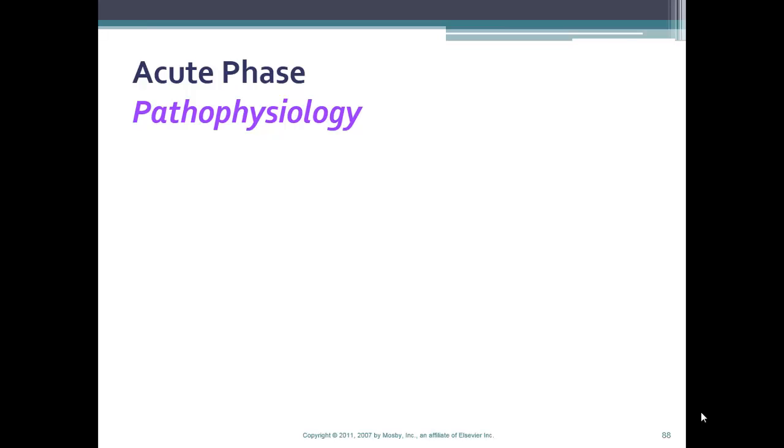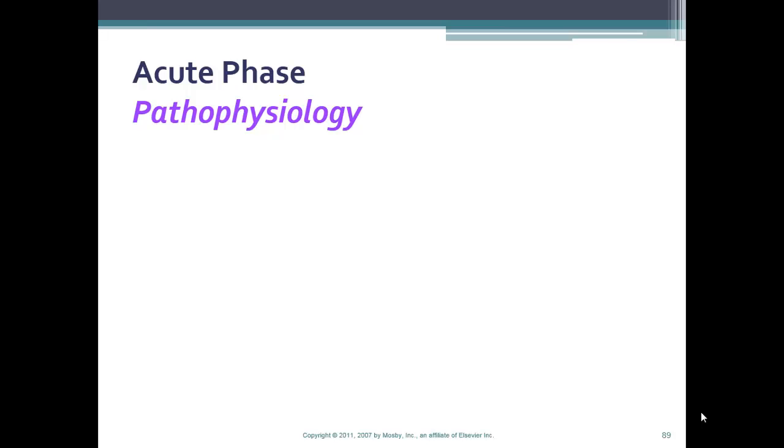We talked about the absent or diminished bowel sounds, but by this acute phase, the bowel sounds will start to return, and the WBCs make their way to the wound, and phagocytosis will begin to occur.